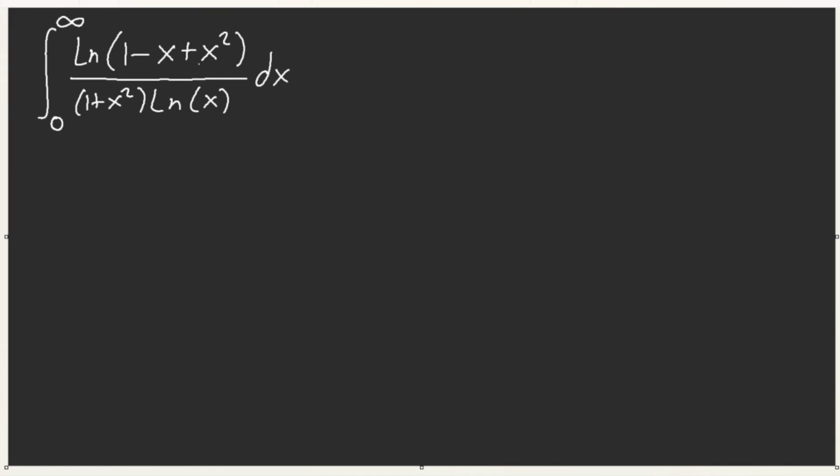Oh god, we have an ln here and an ln here. This is very, very intimidating. So what do we do? Well, it's quite suspicious that we have 0 to infinity. So let's try 1 over x. Let u equal 1 over x.